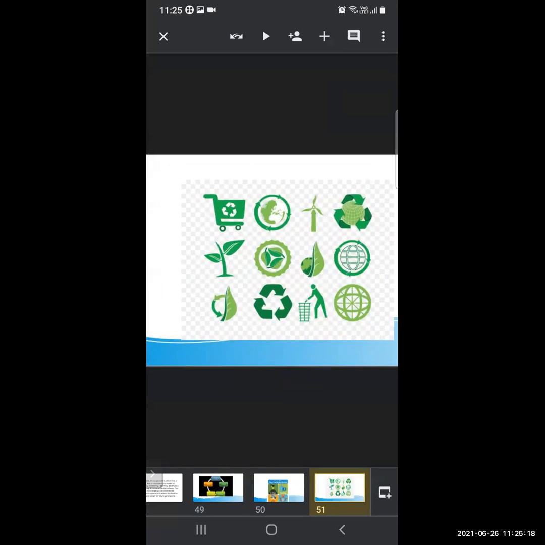So these are the symbols you will be studying, and it may be asked: symbols are given, we have to write down what each is used for. So first you can see it is recycled. Okay, keep the environment clean, go green, use less electricity, wind energy. These are the different types of symbols.